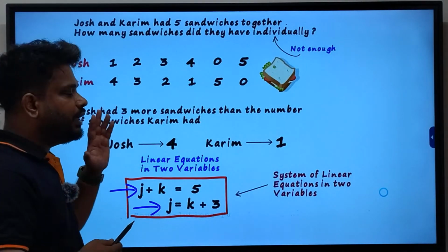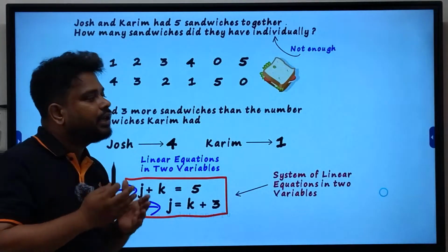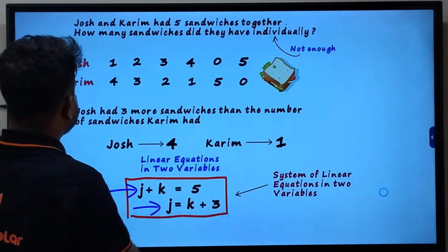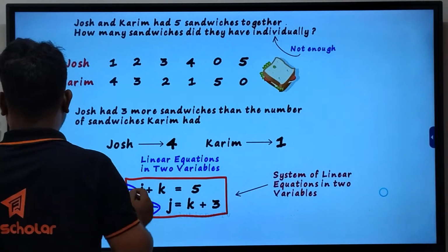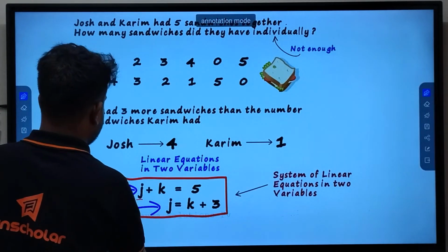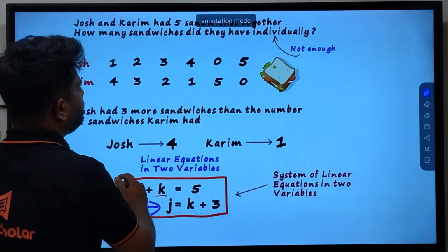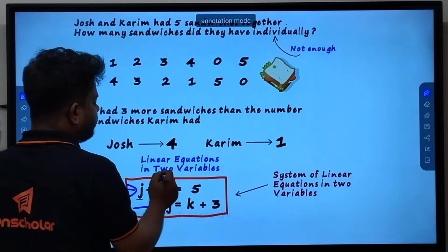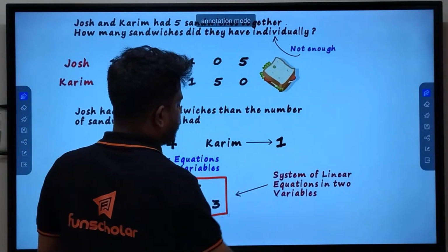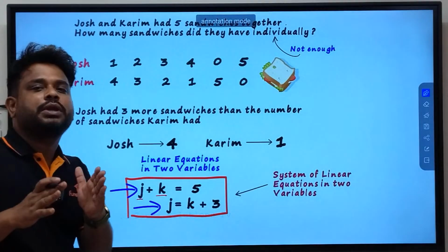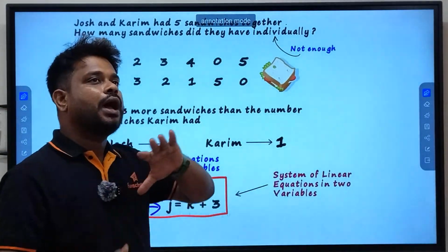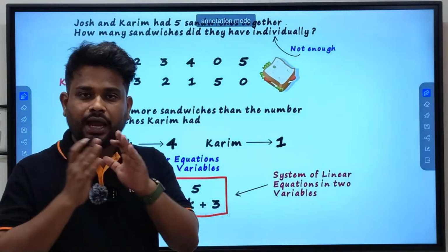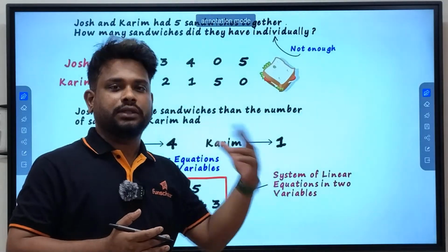So how can we make a linear equation to solve this, to find how many sandwiches they have? Let's say Josh is J and Karim is K, and they both have 5 sandwiches. In a system of linear equations in 2 variables, just like in 1 variable, we have to keep all the variables on one side and the other variables on the other side.